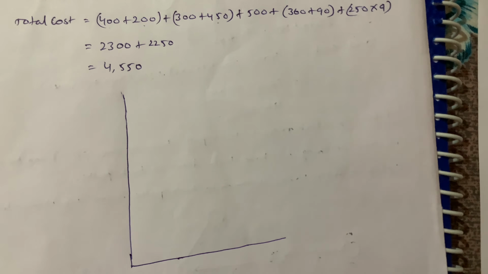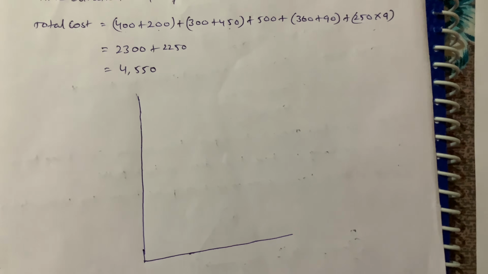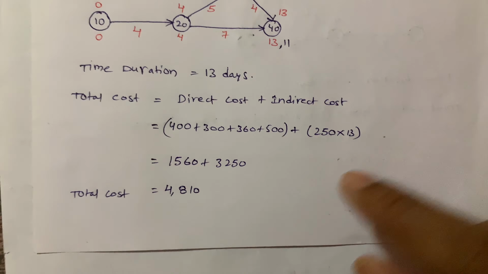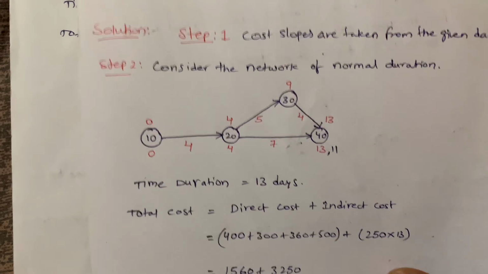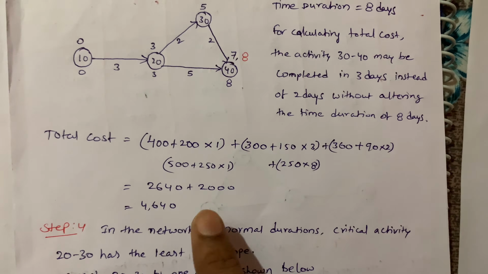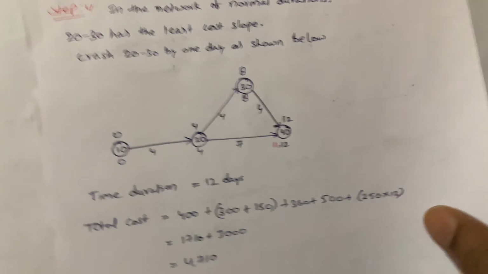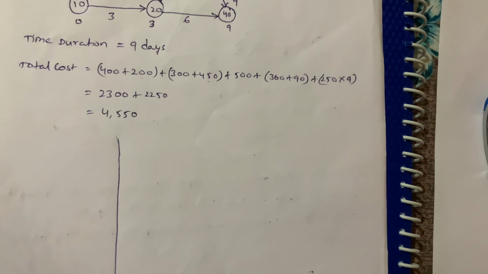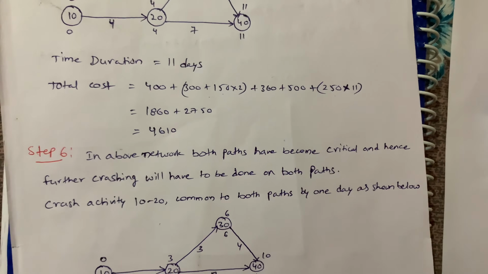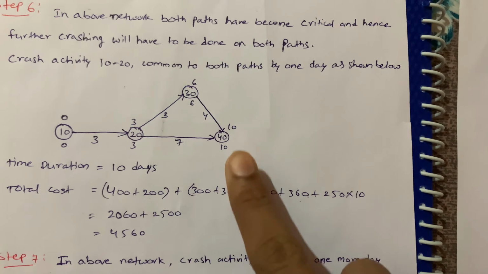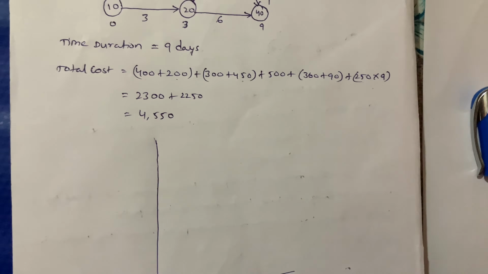Okay, so we got so many values, that is 4810 for first one, and second one 4640, and next one 4710. Like that we got so many values here, 4610 and 4560 and 4550.